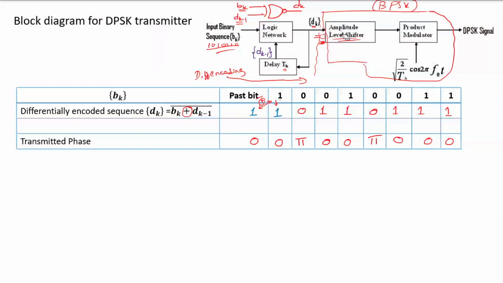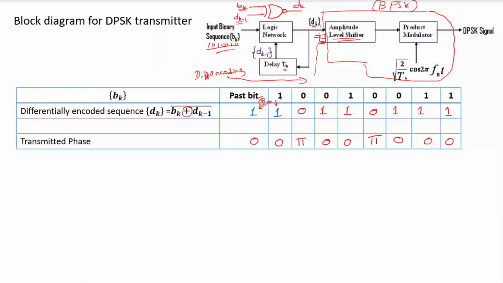So how do we do differential encoding? Just XNOR the present incoming bit with the past output of the logic network. That is the XNOR output. I hope your doubt is cleared.